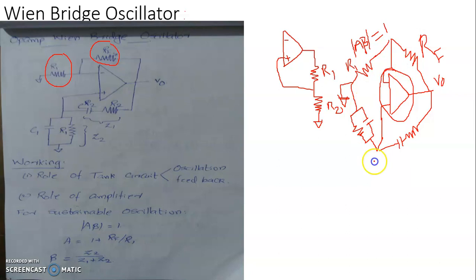So this is the balanced bridge. Now current is assumed to be flowing through this path so that the bridge is balanced. There will be a definite ratio of resistance between R1 and RF, and the impedance between this branch and this branch. Let this have an impedance Z1 and this have an impedance, say, Z2. So this is always a balanced bridge, and it will produce oscillation here.